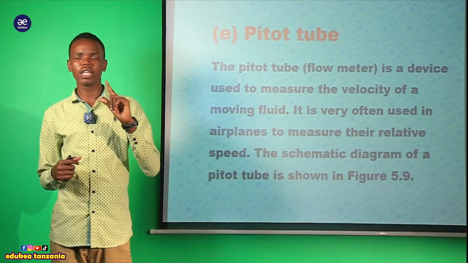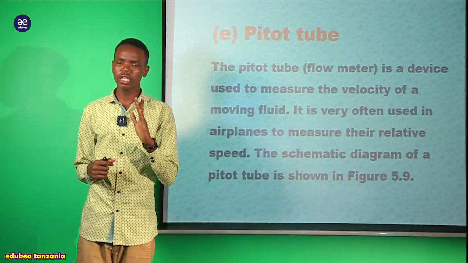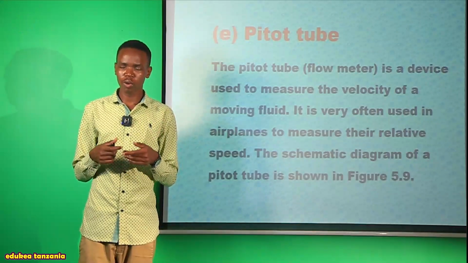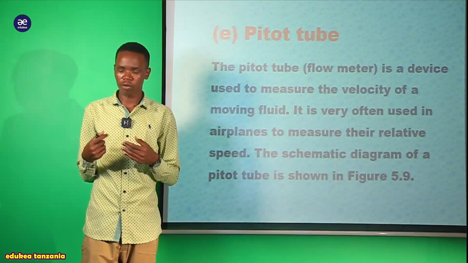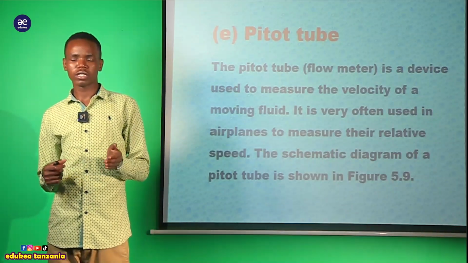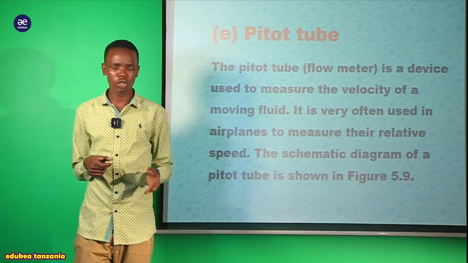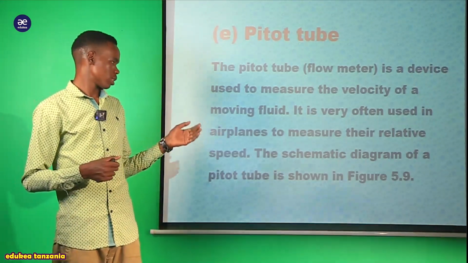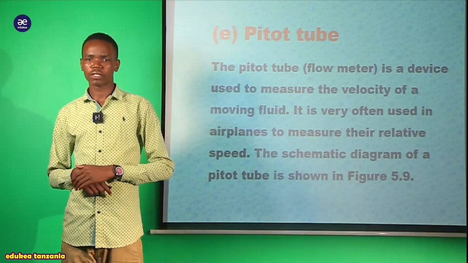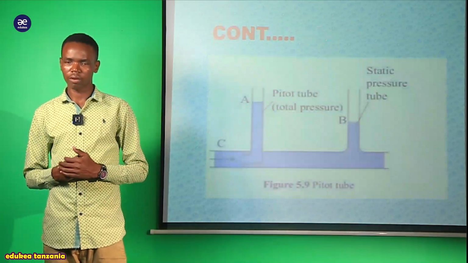The aim of having this pitot tube is to measure the velocity of the moving fluid. We want to identify the motion of the fluid. We use this concept, and always this is applicable on the aircraft, where they use it in order to identify the relative speed. So let us go and see the schematic figure representing the pitot tube, my lovely students.